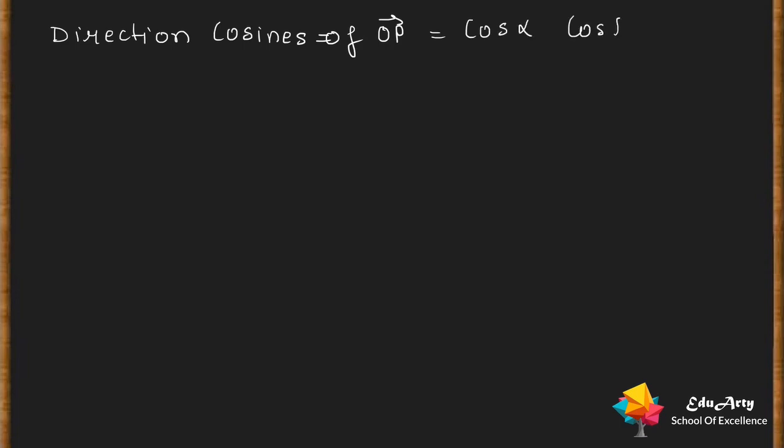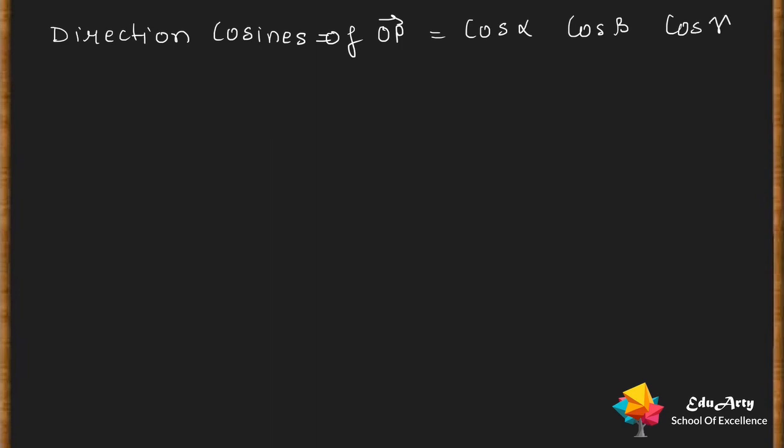Let's write them again. So we found out that our direction cosines, the direction cosines of the OP vector that we just saw, are equal to cos alpha, cos beta and cos gamma, correct?